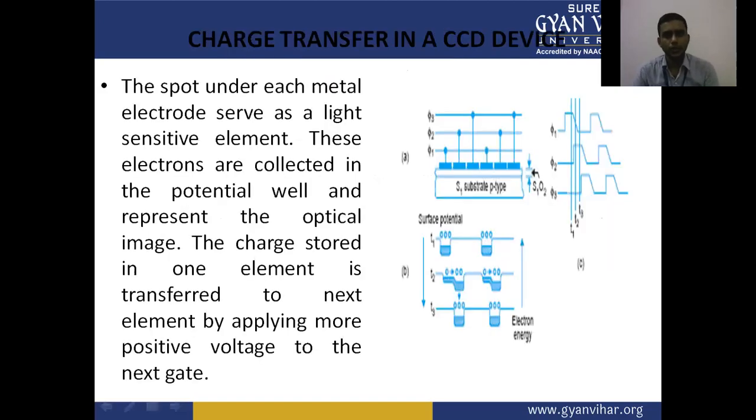Now, the charge transfer in the CCD device: how is the charge transferred in the CCD device? The spot under each metal electrode serves as a light sensitive element. These electrons are collected in the potential well and represent the optical image. The charge stored in one element is transferred to the next element by applying a more positive voltage to the next gate.